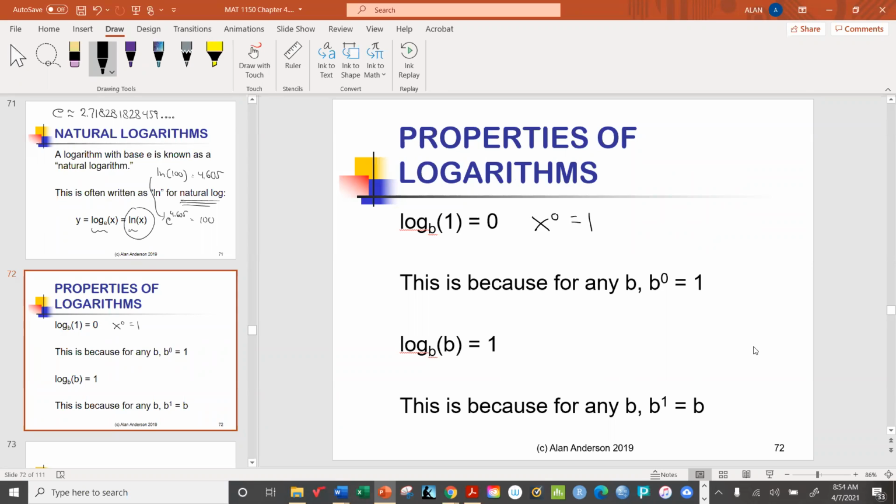The log to its own base, on the other hand, let's say you have log base 10 of 10, equals 1 because 10 to the first equals 10. And that, of course, means that ln e also equals 1 because e to the first power equals e.